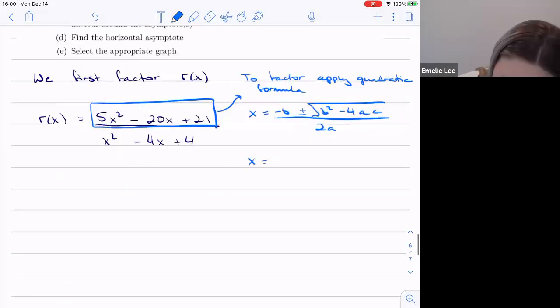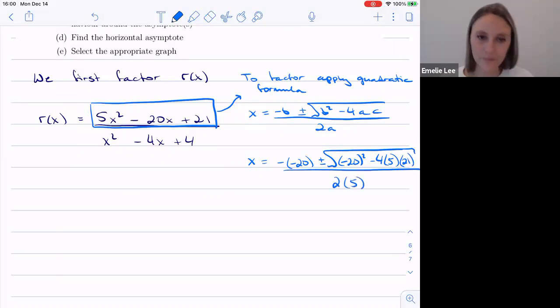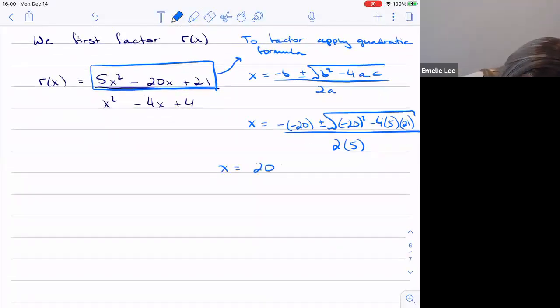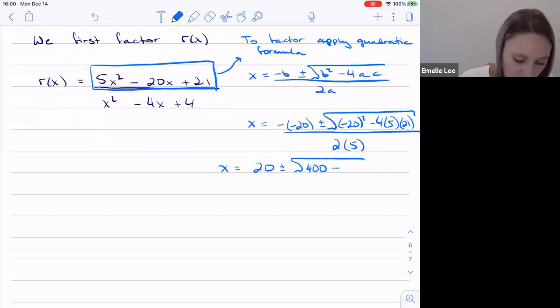So we get x is negative negative 20 plus or minus the square root of negative 20 squared minus 4 times a, which is 5, times c, which is 21, divided by 2 times 5. So x then becomes 20 plus or minus the square root of 20 squared, which is 400, minus 4 times 5 times 21, which is 420.